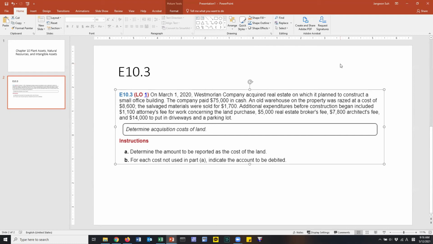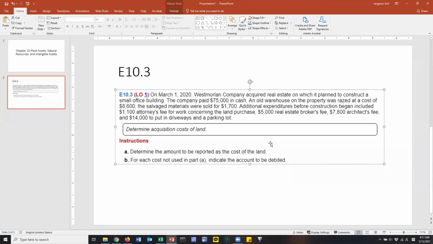An old warehouse on the property was razed at a cost of $8,600. The salvaged materials were sold for $1,700. Additional expenditures before construction began included $1,100 attorney's fee for work concerning the land purchase, $5,000 real estate broker's fee, $7,800 architect's fee, and $14,000 to put in driveways and a parking lot. A: Determine the amount to be reported as the cost of land. B: For each cost not used in Part A, indicate the account to be debited.